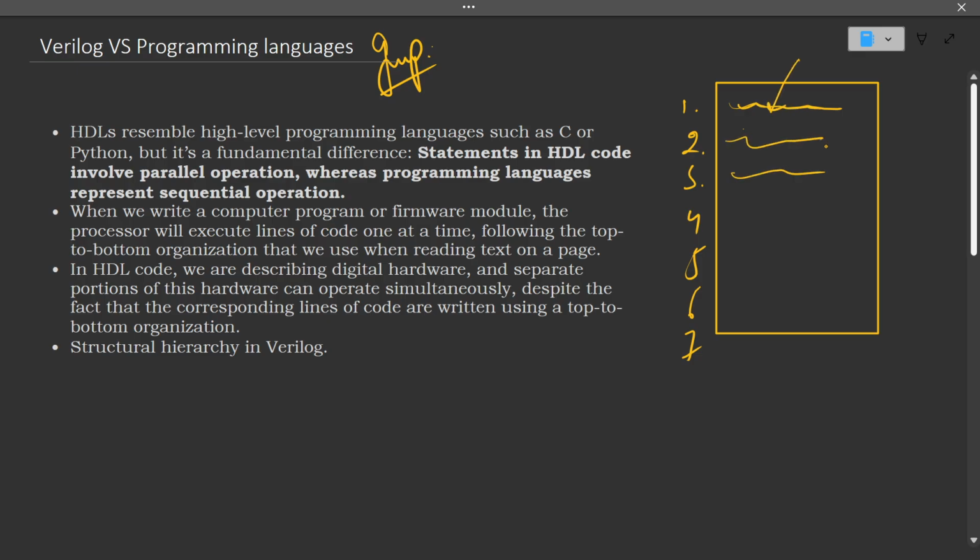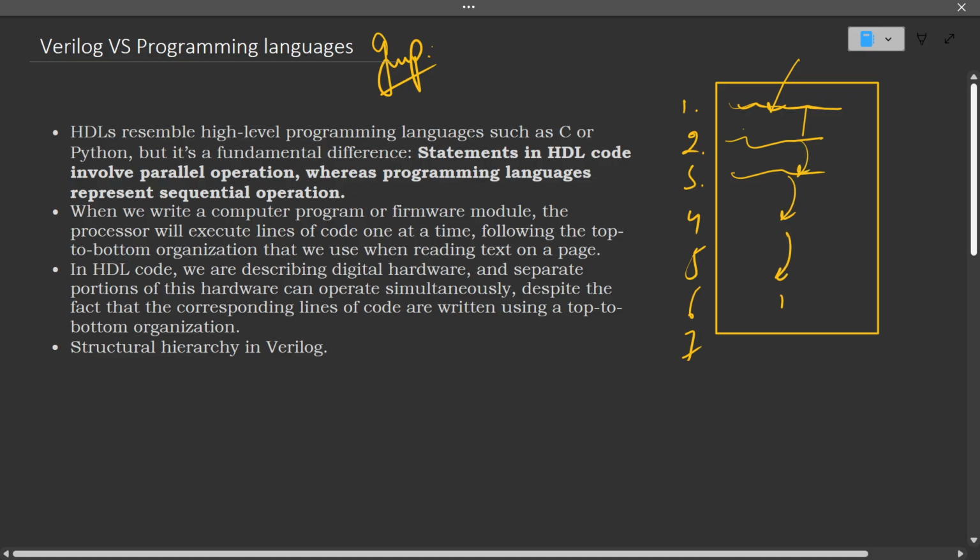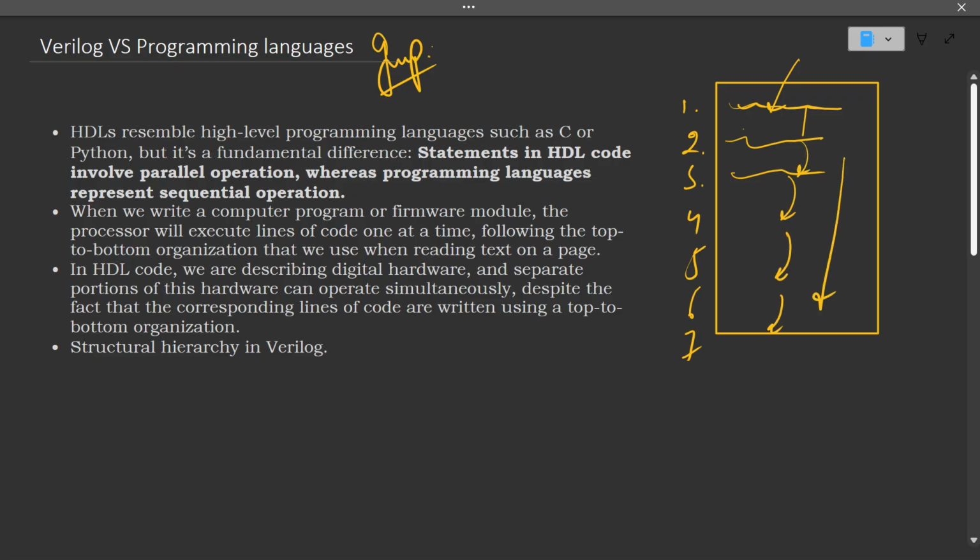What happens in traditional programming languages is, it starts from line number 1, it goes to line number 2, then it comes to line number 3, then 4, then 5, then 6. This is how it executes the program. So this is a sequential flow.